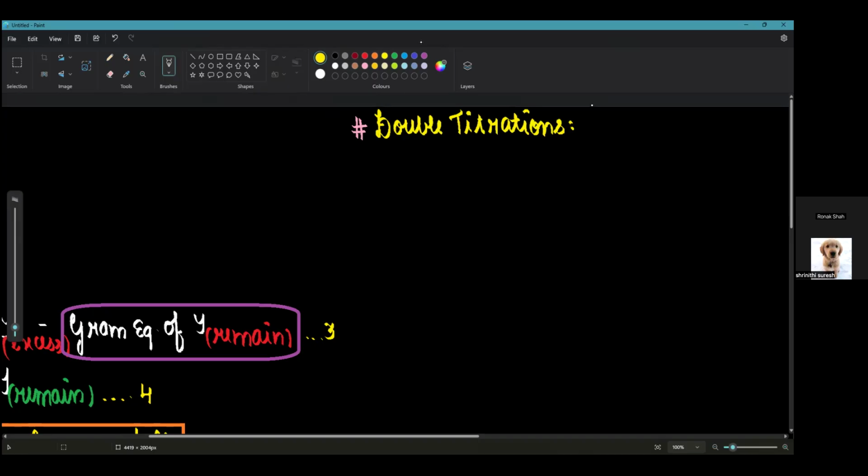The mixtures that can be given to you are NaOH and Na2CO3, titrated against HCl.